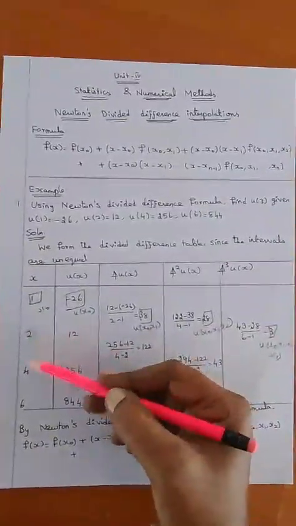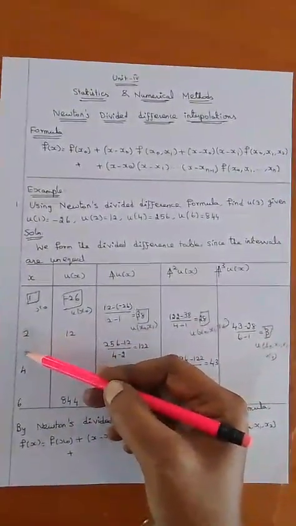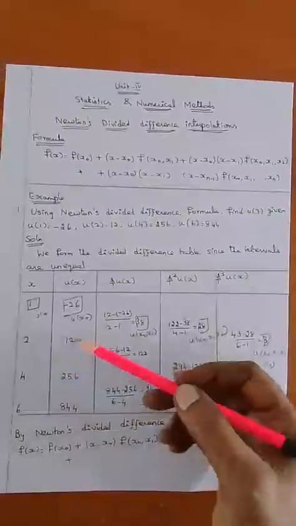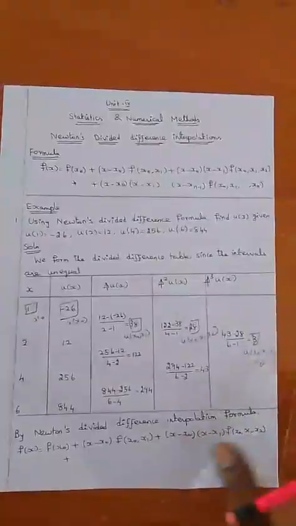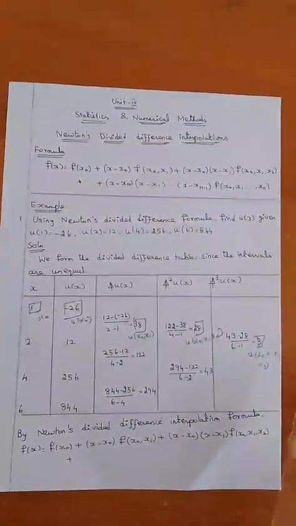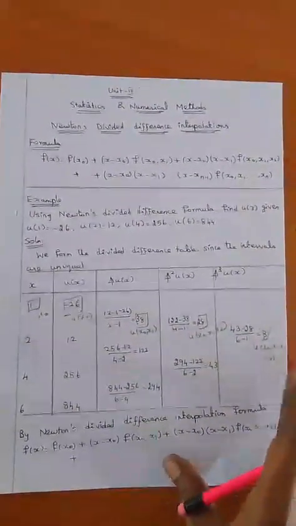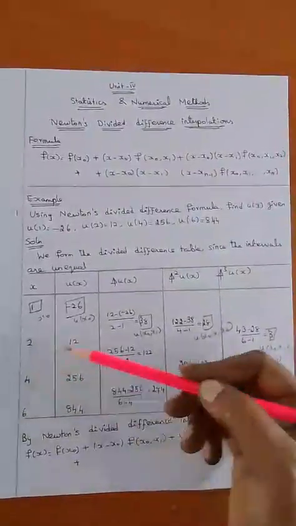Now we have to find the value of u of 3, the missing term. The answer should lie between 12 and 256. That's the only clue we have to check whether our answer is correct or not, since 3 lies between 2 and 4.